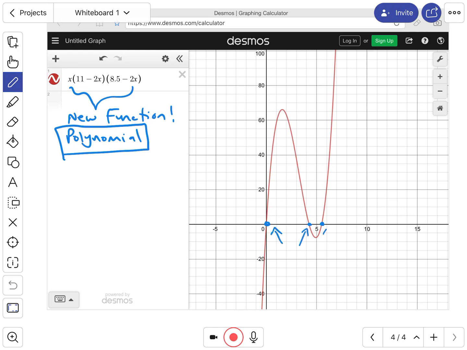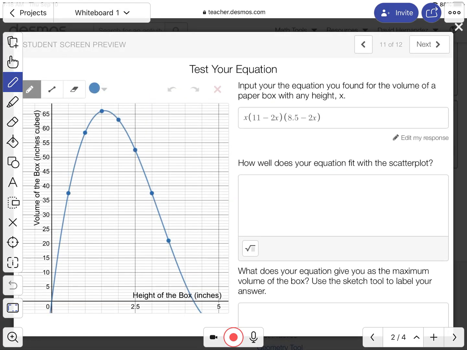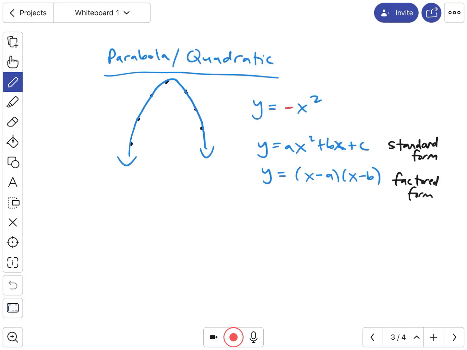So these are x-intercepts, solutions, roots, and zeros. And so that would be the most important thing that you get from this video, with the graph, I mean. So you have two sets of notes.